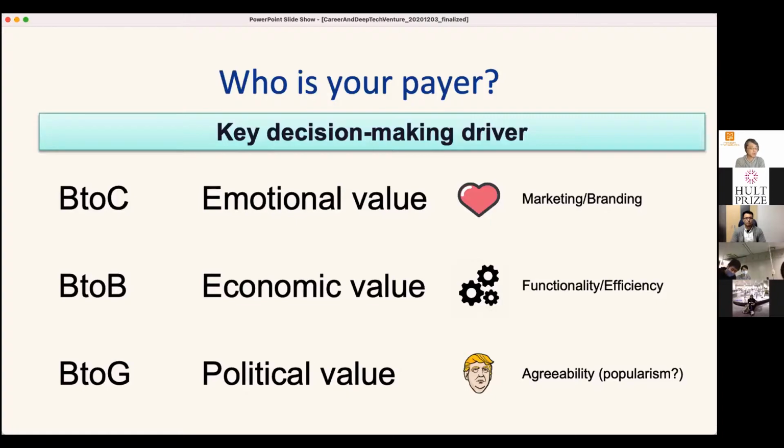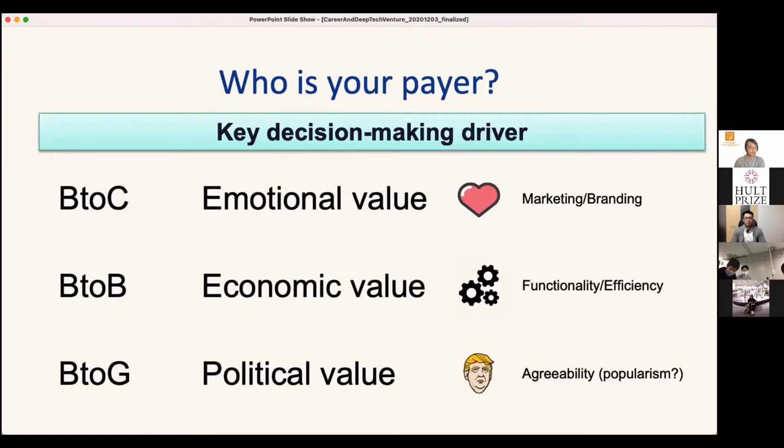And what you're going to do with the government needs to be very, very agreeable with many people. So it's not only about your passion or science or consumer preference. It's more about the agreeability.